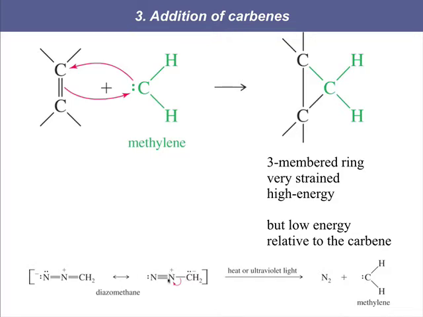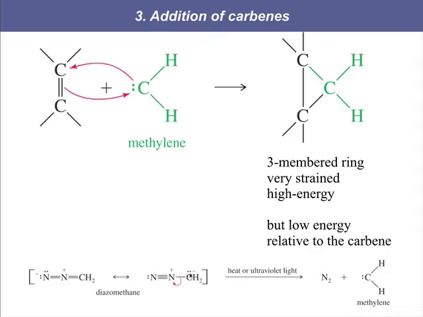Notice, though, that in the right resonance structure, we have N2, N triple bond N. That is a very, very stable leaving group. N2, nitrogen gas, is a wonderful leaving group because N2 is very stable, and as a gas, it bubbles away. So all that it takes is a little bit of heat or ultraviolet light to cleave that bond.